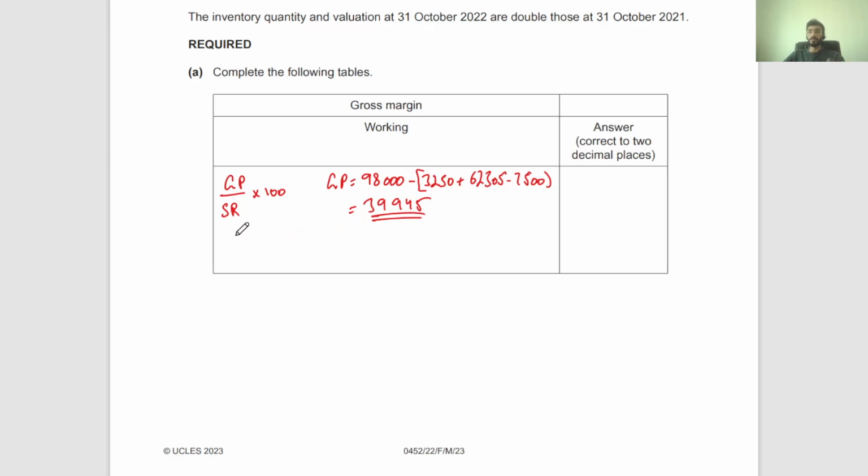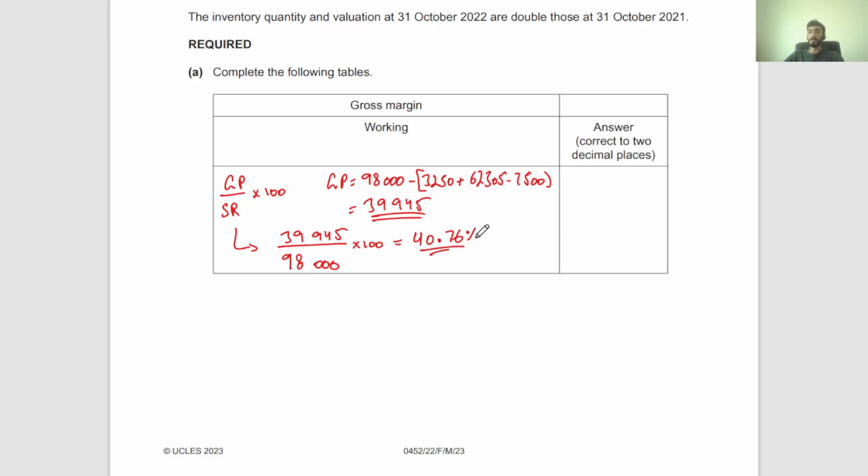Now you may use the formula, obviously. Gross profit is 39,945 over the sales revenue of 98,000 times 100, which gives us 40.76, 2 decimal places.